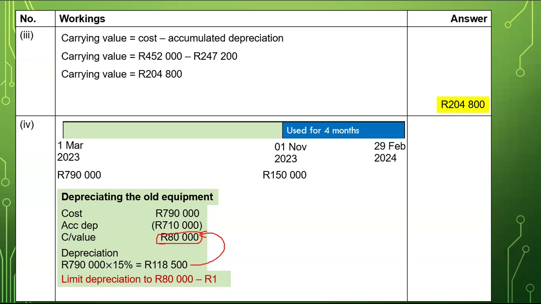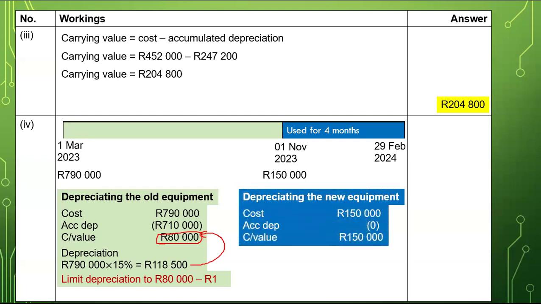So when we depreciate the new equipment, it doesn't have accumulated depreciation. And there was no need to even calculate the carrying value, but I calculated it either way. So when we depreciate, we are going to take the cost price, which is 150,000 Rand, multiplied by 15%, which is the depreciation rate, multiplied by 4, which is the number of months we have used the asset, and you divide it by 12 because 15% is per annum.